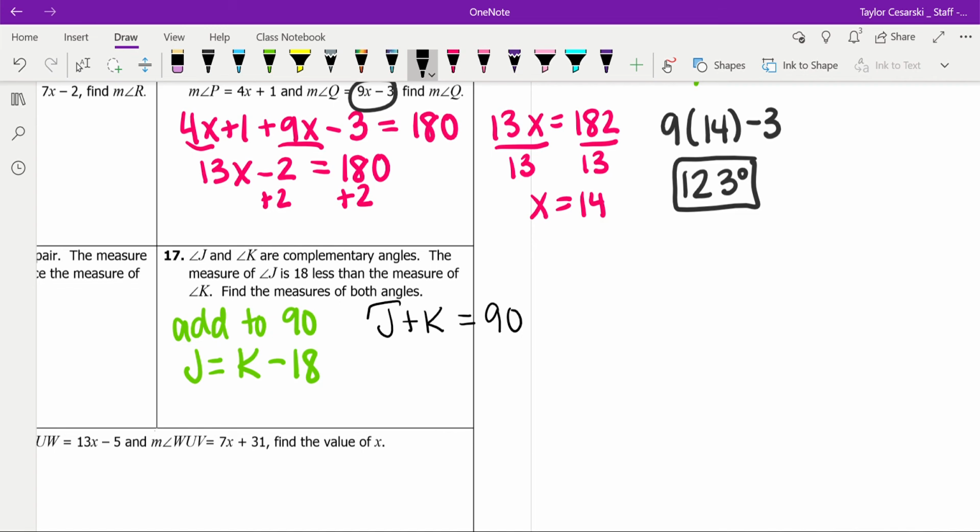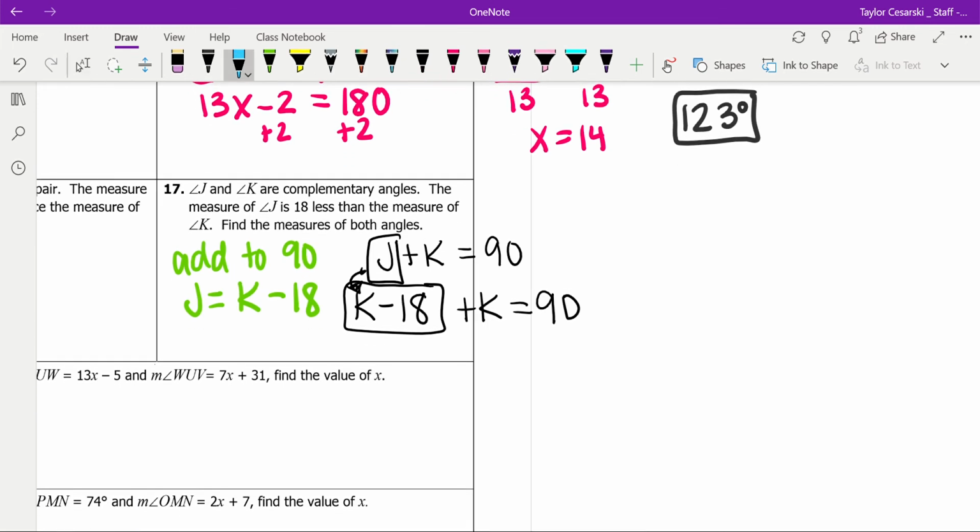However, I can rewrite J as K minus 18. These are the same thing because J equals K minus 18. So K minus 18 plus K equals 90. Now I have something that I can solve because it's all with the same letter.